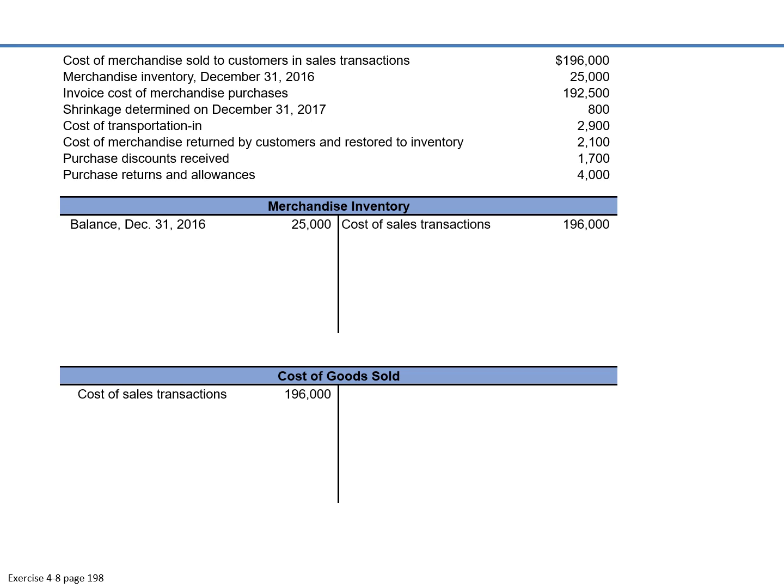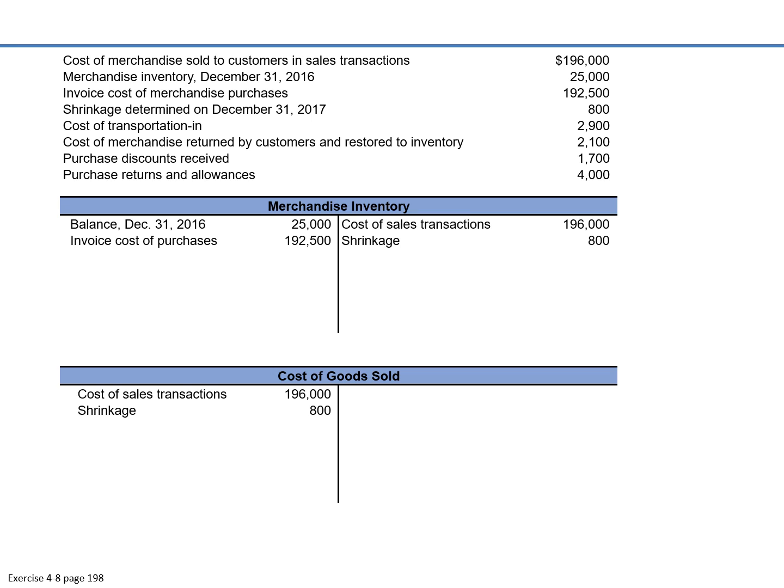The invoice cost of merchandise purchases is an increase to merchandise inventory, or a debit, or the left side of the T account, for $192,500. The shrinkage determined on December 31st, 2017, $800. We're going to reduce merchandise inventory with a credit of $800, and the other side goes to cost of goods sold.